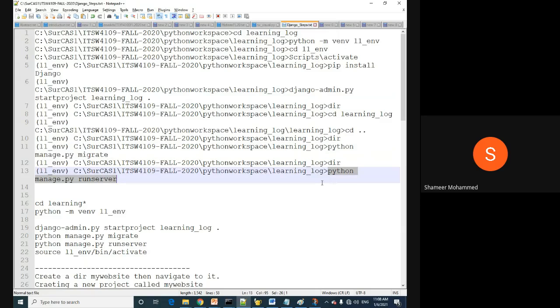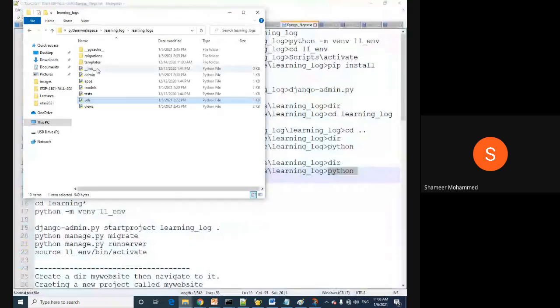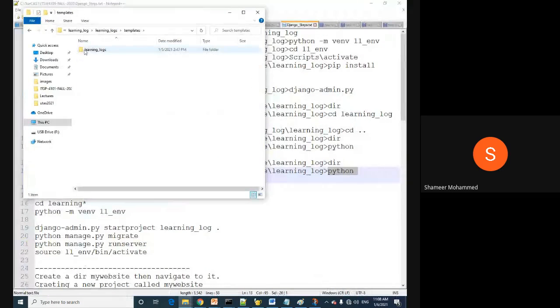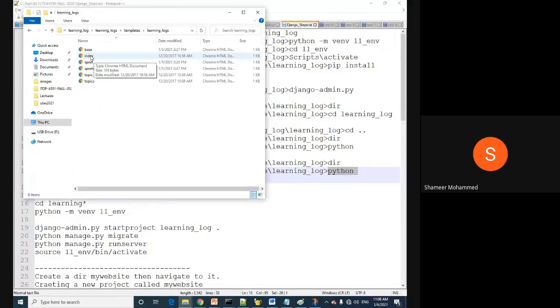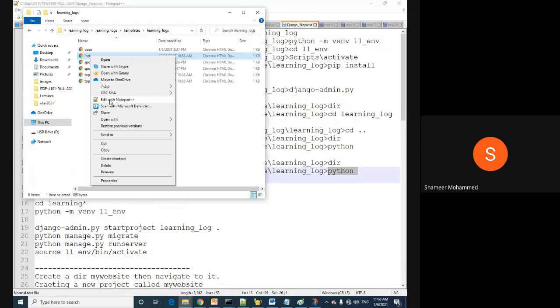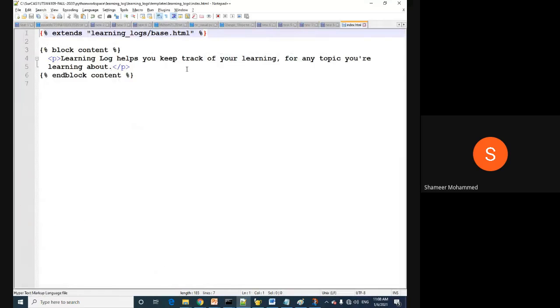If you want the page, you have to create the page in the templates folder. In the templates, you have to create learning logs and an index.xhtml or whatever it is. Then when you say localhost 8000, that page will appear to you.